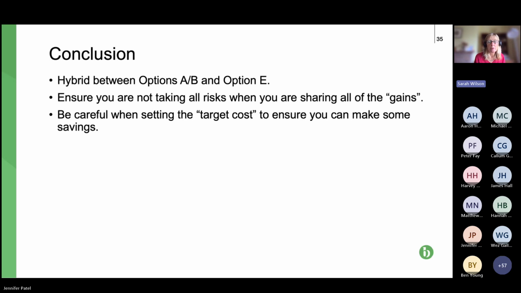And then I suppose be careful when you're setting your target cost, to ensure that it is right for the project. And as I said at the start, if this isn't a project where it's been looked at in detail, it's been designed in detail, etc., there's a likelihood that things will change. So some wriggle room might need to be factored into the target as well.